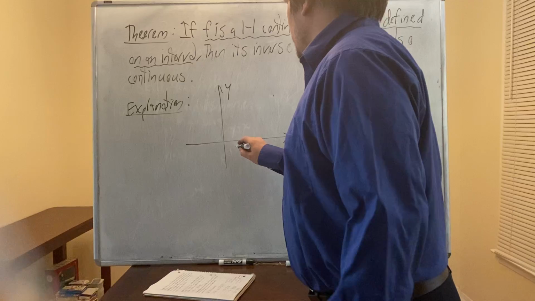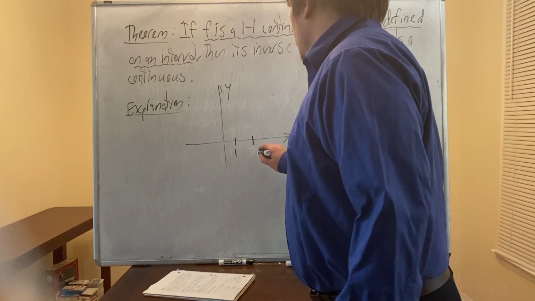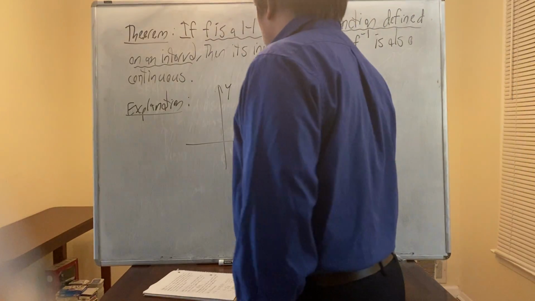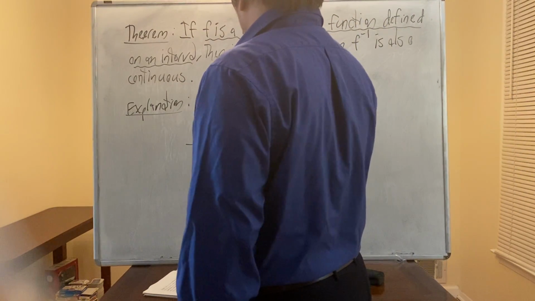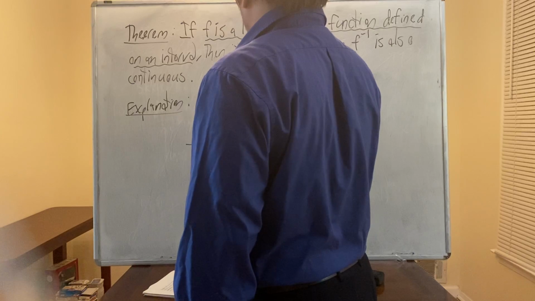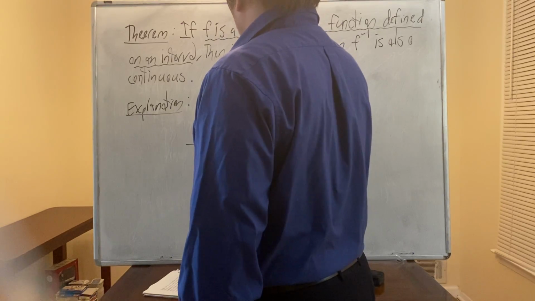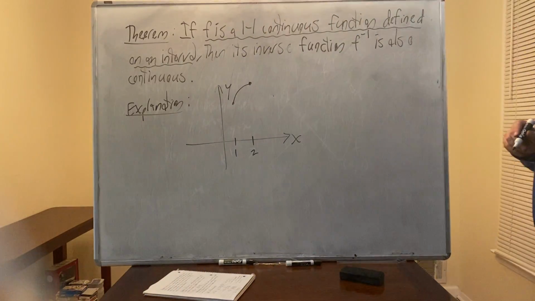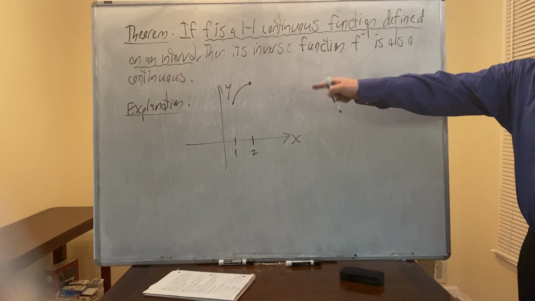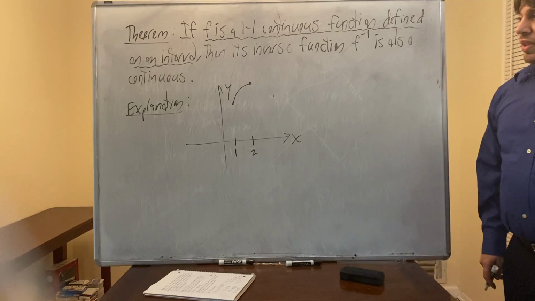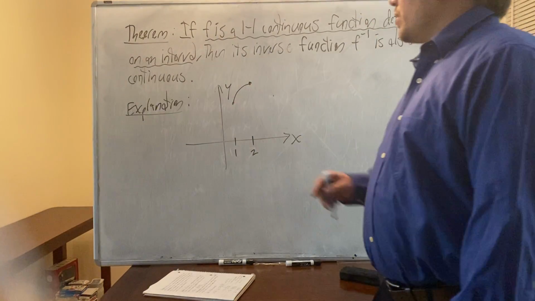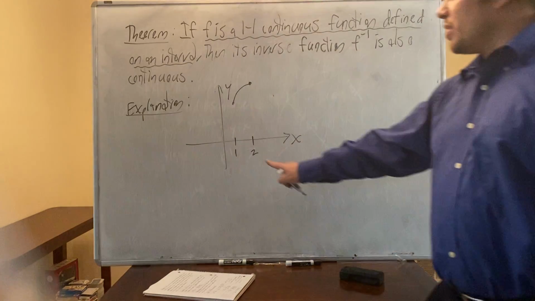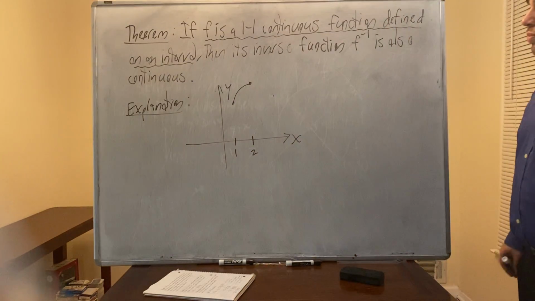So let's take an interval from 1 to 2, and make the function look just like that. That is a one-to-one continuous function defined on an interval. It does not take on the same value twice, and it's continuous. You can draw it without lifting your hand, right? It's defined on the interval from 1 to 2.